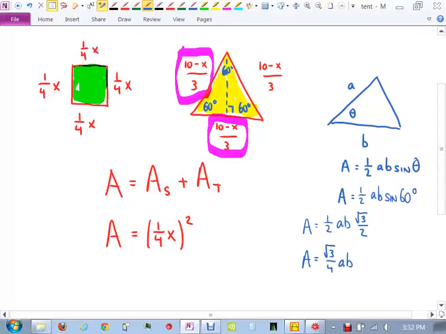Now, A and B are the same, aren't they? In that formula, the blue formula there? It's 10 minus x over 3. So this will become plus, here's my area of my triangle. It's √3/4 times the 10 minus x over 3 times itself, so squared.